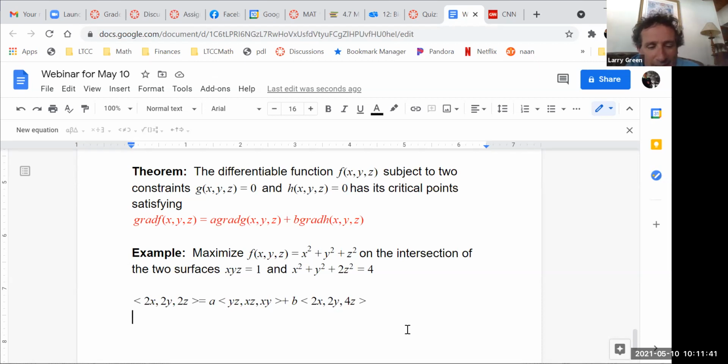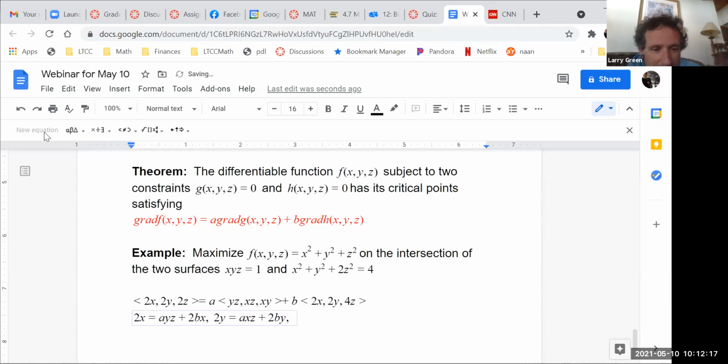So let me just write them down. I don't know if I have time to finish all of it, but we get 2x equals ayz plus 2bx. And then we get 2y equals axz plus 2by.